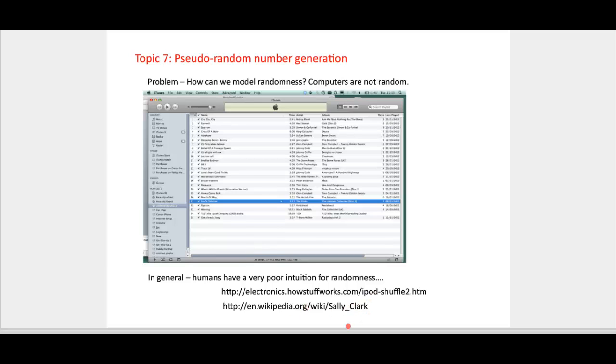Here's another thing about randomness. It's very important that people understand probability and statistics. Here's an example I suggest you have a read of. It's a tragic story of a lady in the UK who was arrested on suspicion of killing her two children.